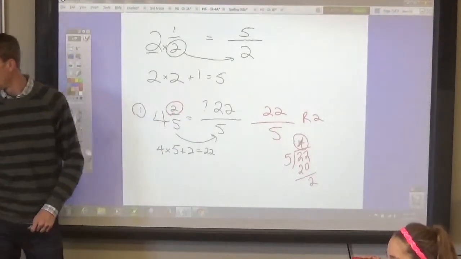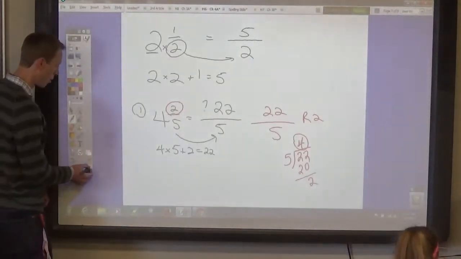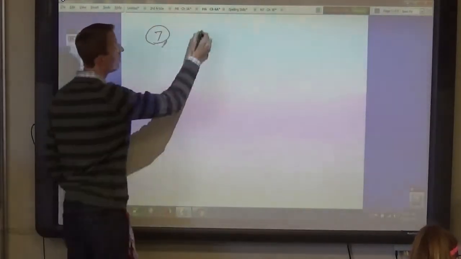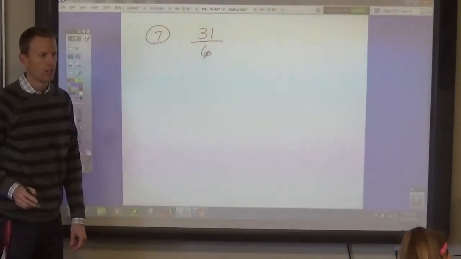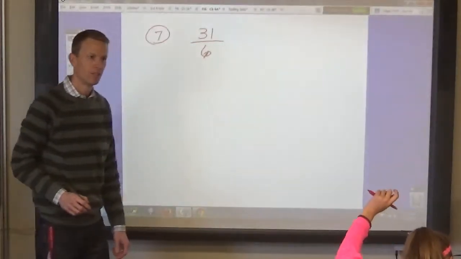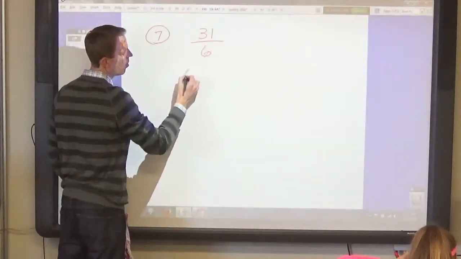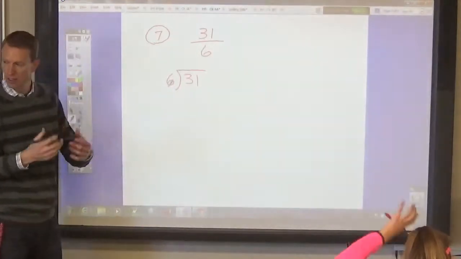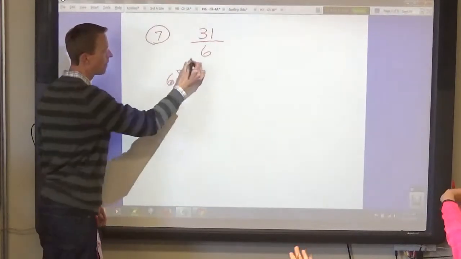Okay? Let's do number 7 on your worksheet. Number 7 is 31/6. Find 31/6 as a mixed number. Remember, you do 31 divided by 6 to figure out how many wholes. 6 goes into 31 5 times.